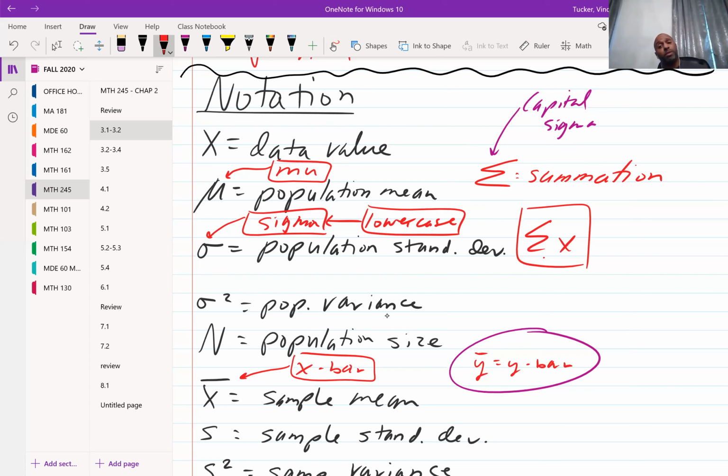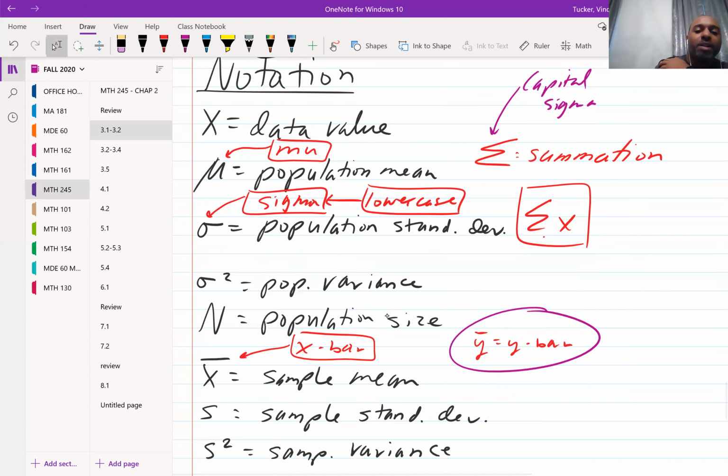Capital sigma just represents the addition of whatever value you're looking at. But here we're looking at lowercase sigma. I just didn't want to say sigma, because some of you know Greek letters and try to figure out what that is. Lowercase sigma is the population standard deviation. Lowercase sigma squared is your population variance. And capital N is your population size.